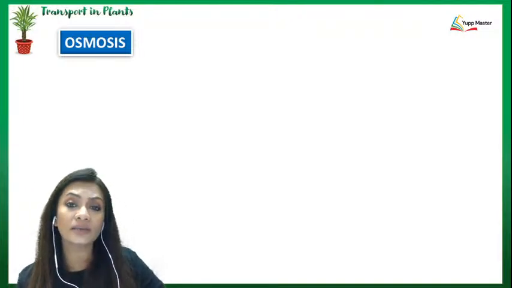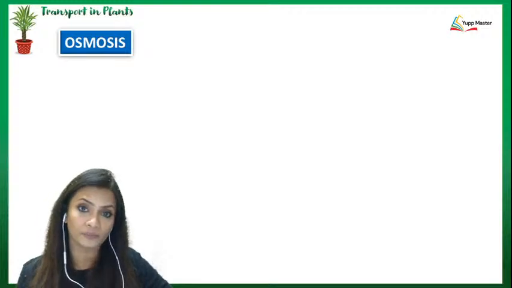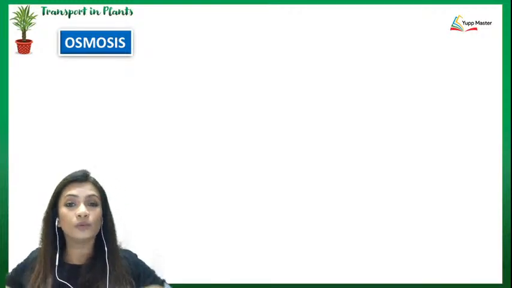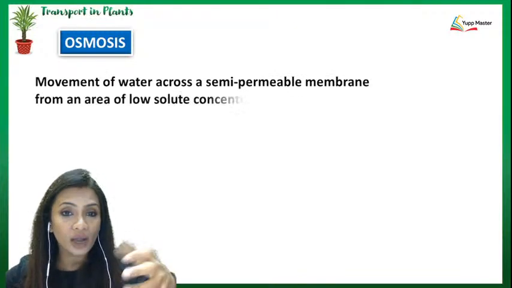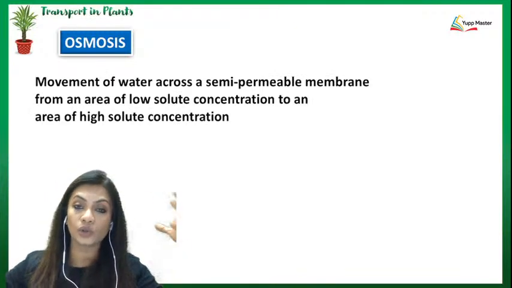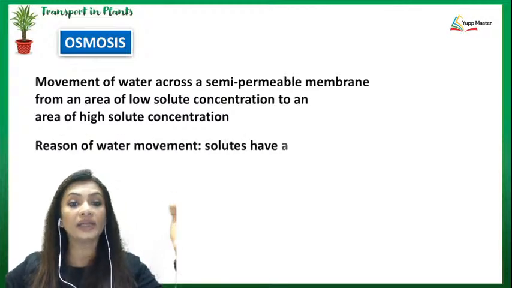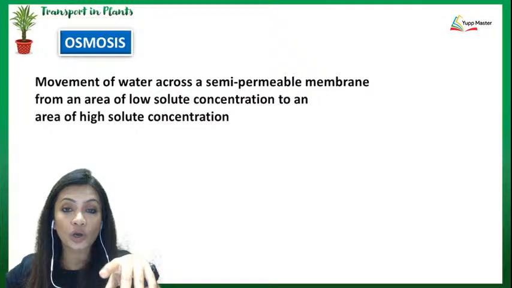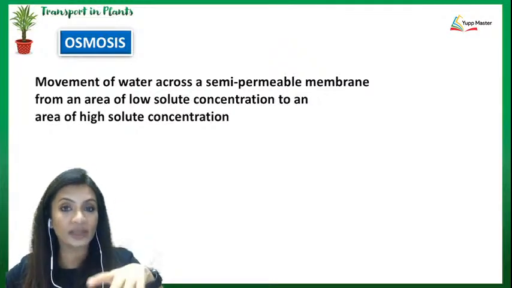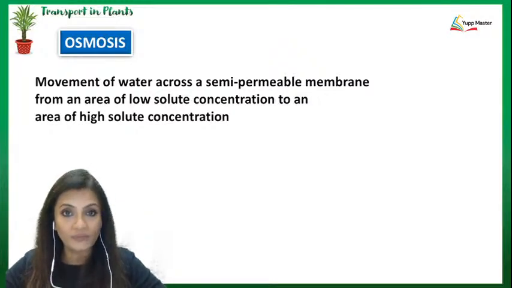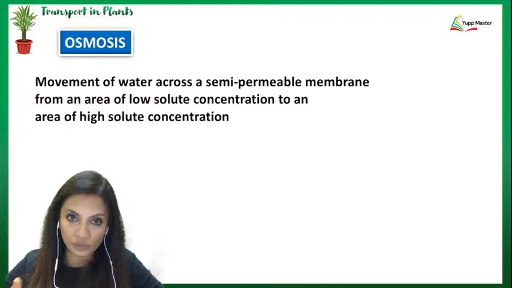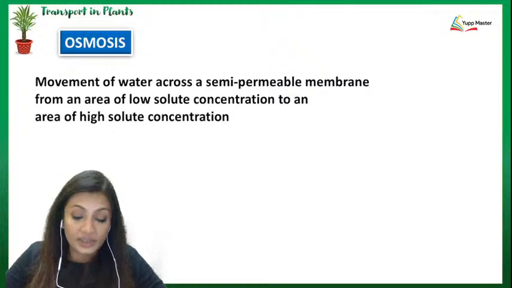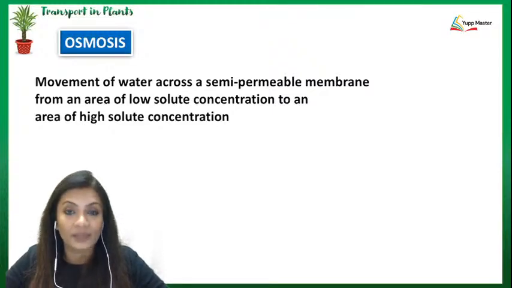Also, sometimes when we're talking not about solute particles but about water, when water travels from the area of its own higher concentration to an area of its lower concentration, this is what we call osmosis. So when we're talking about water, the terminology we use is osmosis. Let's read what the definition says.